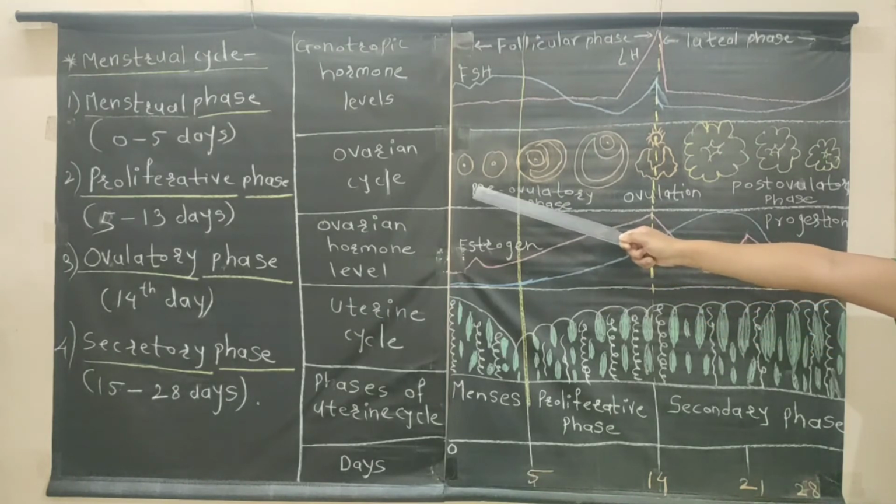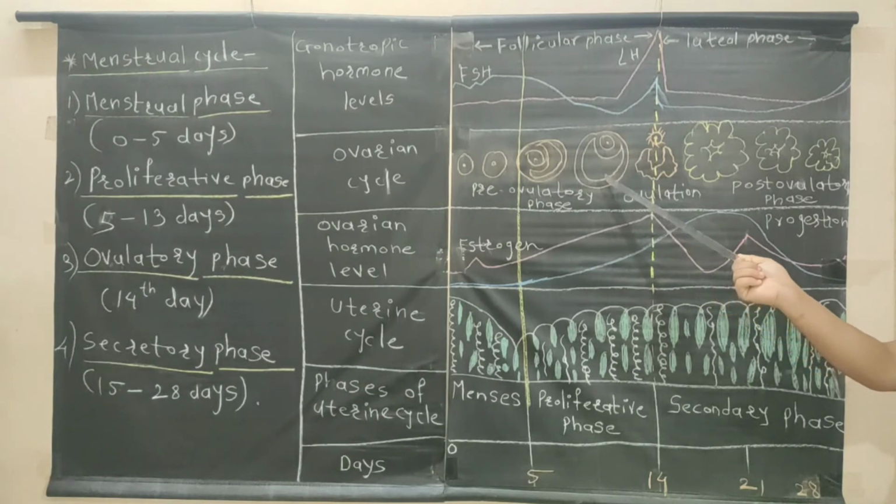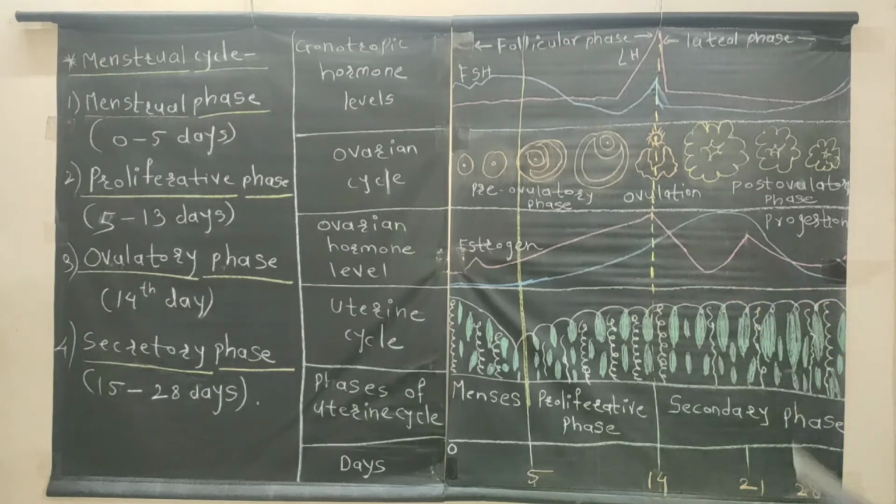These are the follicles: this is the primordial follicle, these are the primary follicles, and this is the secondary follicle. And at last these follicles get converted into Graafian follicles. Graafian follicle means, as I told in the previous lecture, a mature follicle.